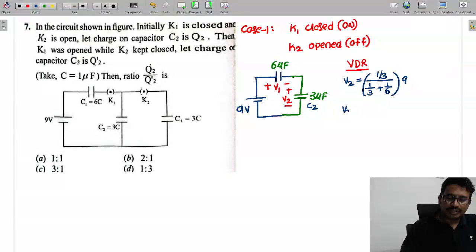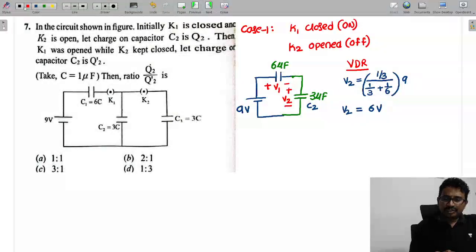So then what will the V2 value come as? This is 6 by 9, so this value is 6 volts. Now we got V2 as 6 volts, and this is case 1.